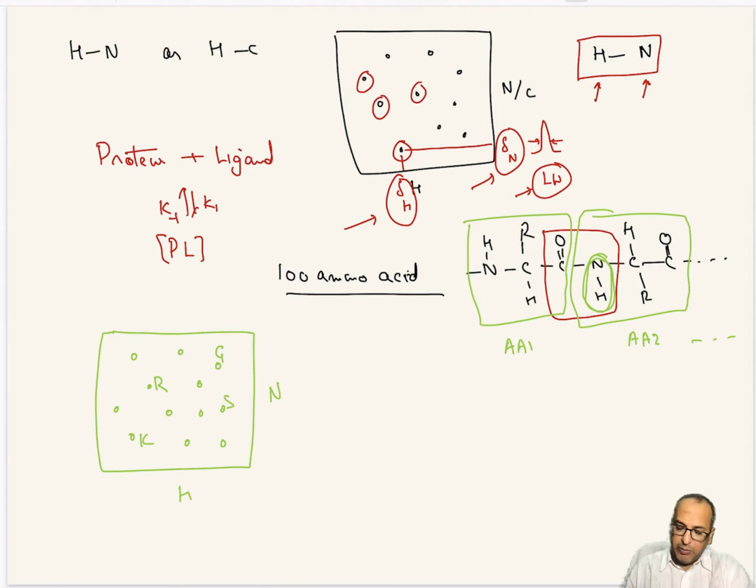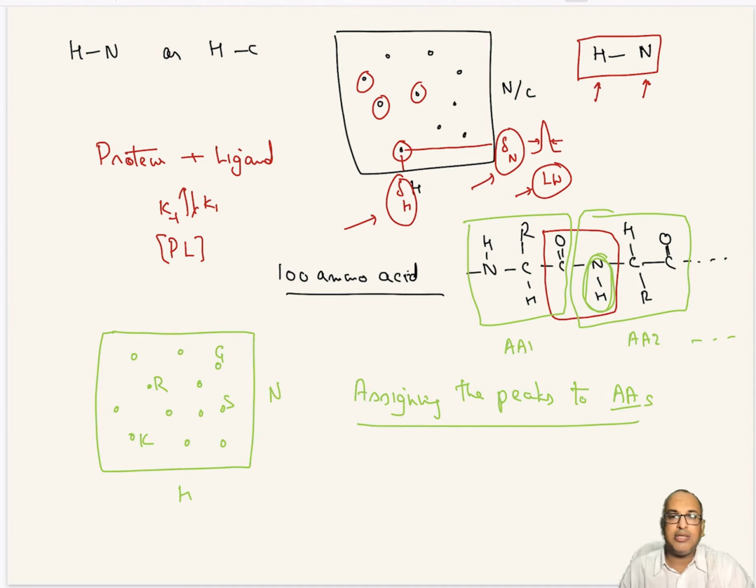This particular problem is called assigning the peaks to amino acids. This is called the resonance assignment problem. So how do we solve this resonance assignment problem?